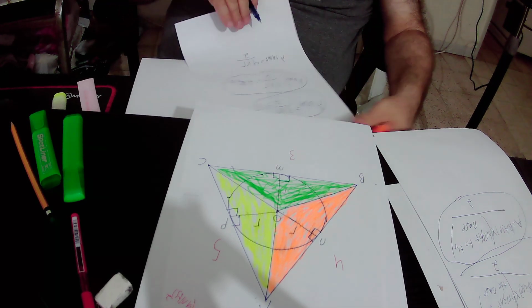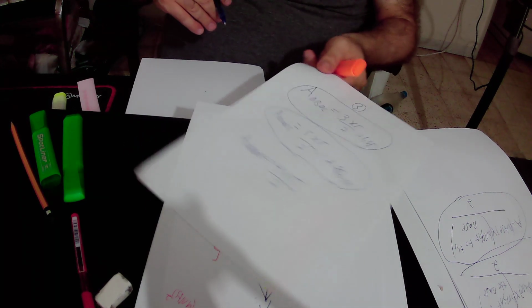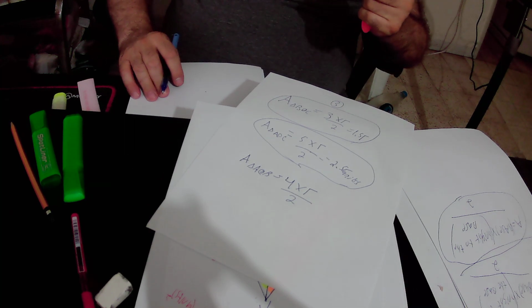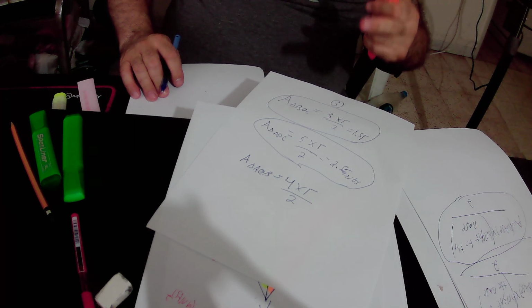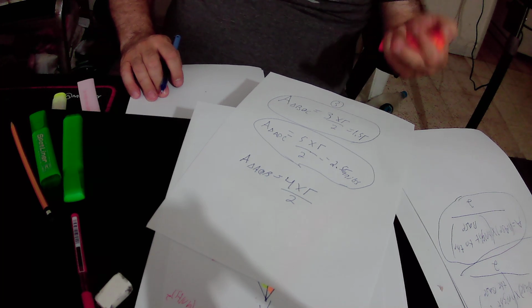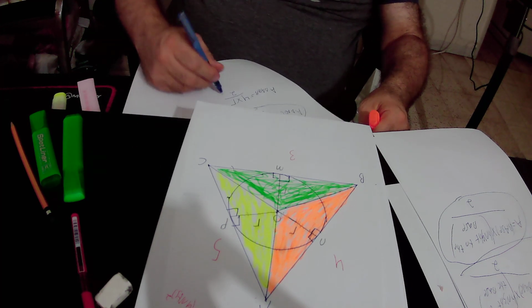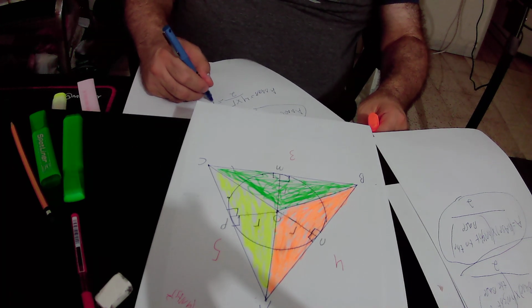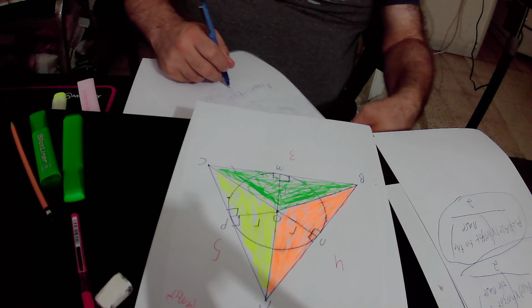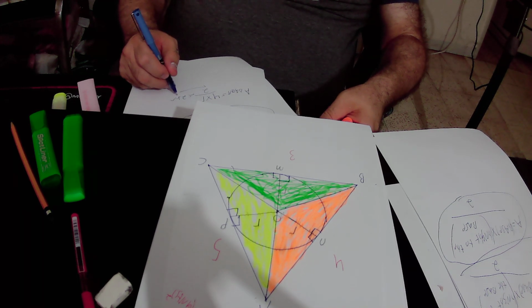Or the area of the orange triangle equals 4 times the radius divided by 2, or in other words it equals 2 times the radius. 4 over 2 is 2, so 2 times the radius. It is actually units squared.